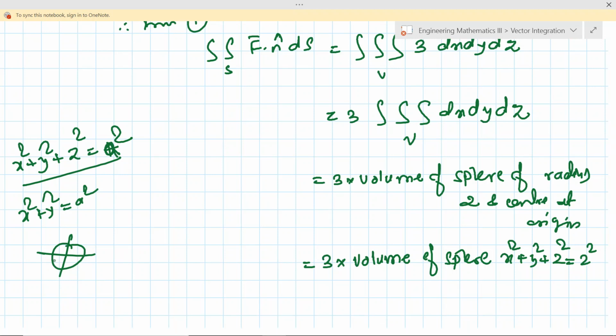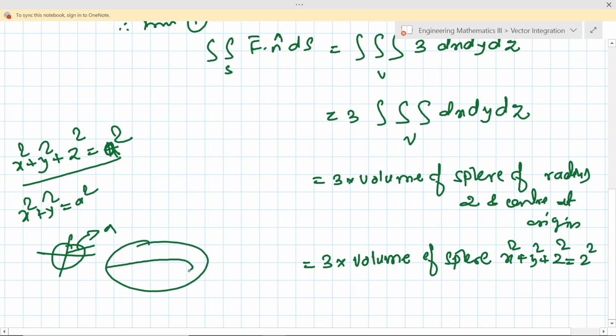Okay, if z is there, it is a sphere. If z is not there, then it is a circle. So the radius is nothing but a. And in case of a sphere, this is the sphere. Okay, like this is our center, and this is in 3 dimensions. This is my radius, this is a, like this.